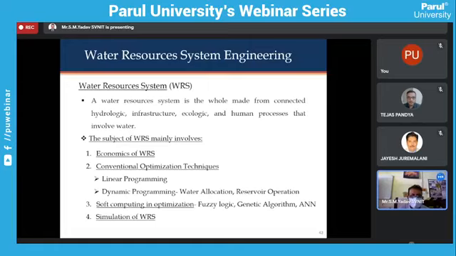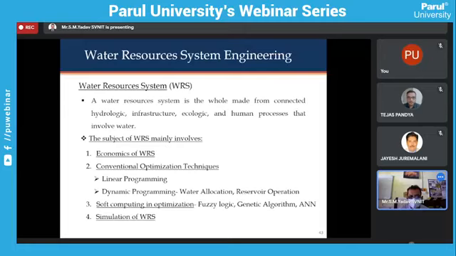Not only that, optimization techniques are very widely used in this area of water resources: conventional techniques like linear programming and dynamic programming, and soft computing techniques like fuzzy logic, genetic algorithm, and ANN.